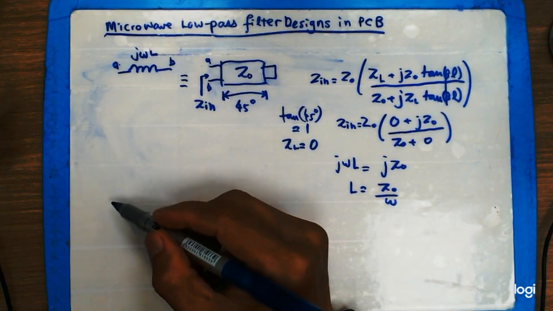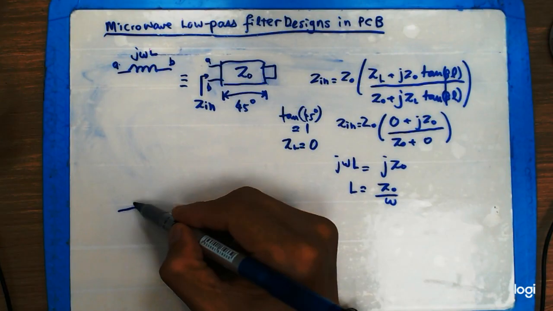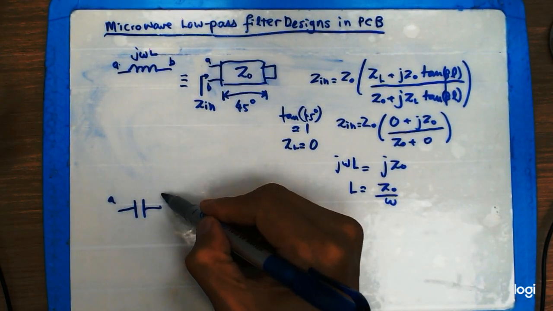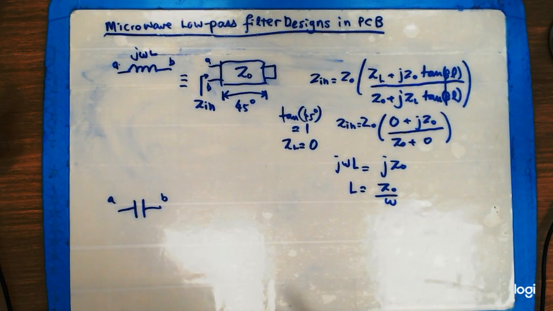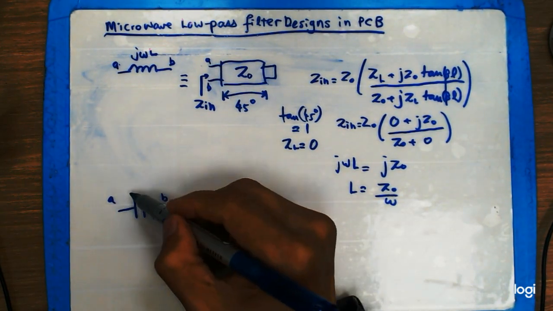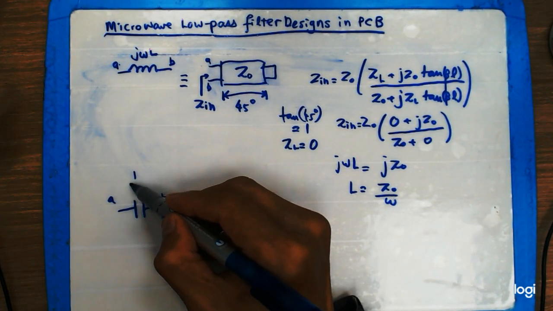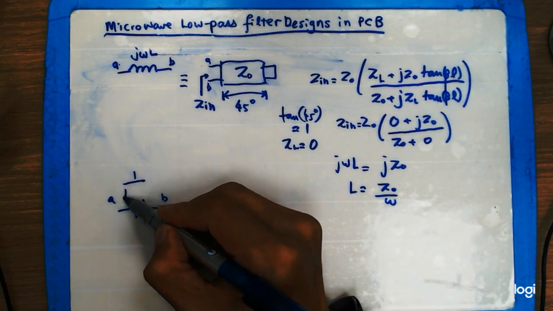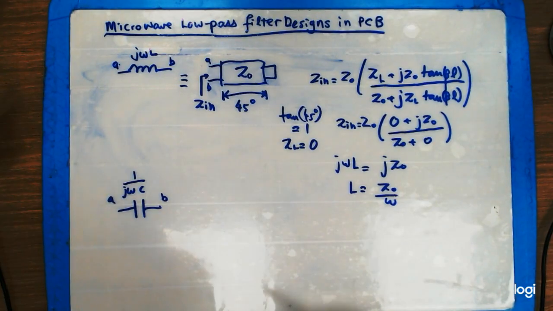And on the other hand, for a capacitor, we also have jB, and the reactance is going to be jωC.